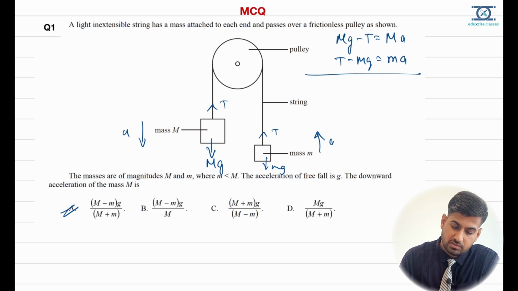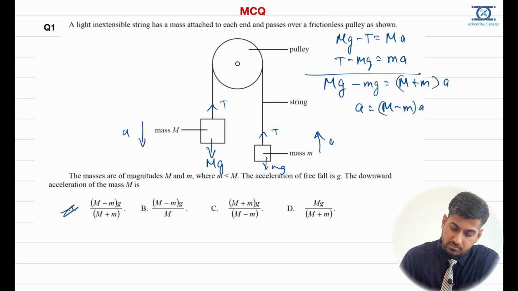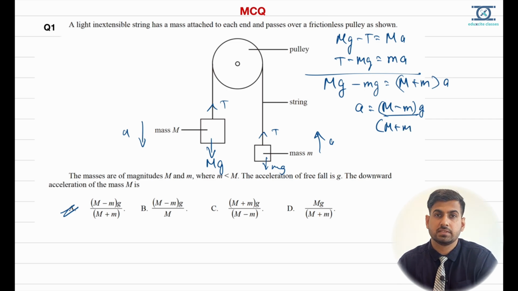Adding these equations, capital Mg minus small mg is equal to capital M plus small m times A. So A will be (M minus m) times g upon (M plus m). Option A is the right answer.